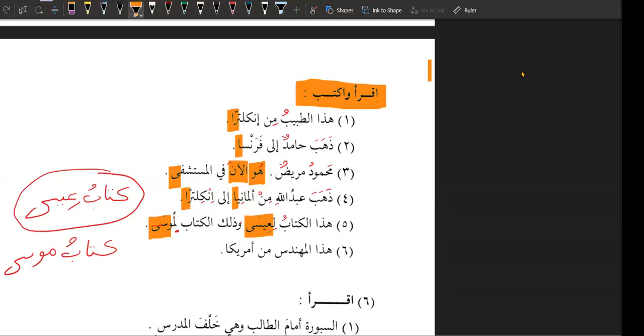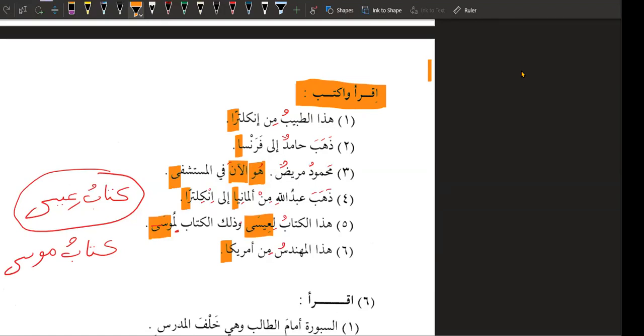جيد. عبد القيوم. هذا المهندس من أمريكا. نعم. هذا المهندس من أمريكا. جيد.